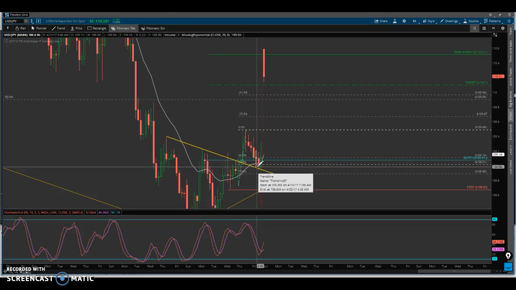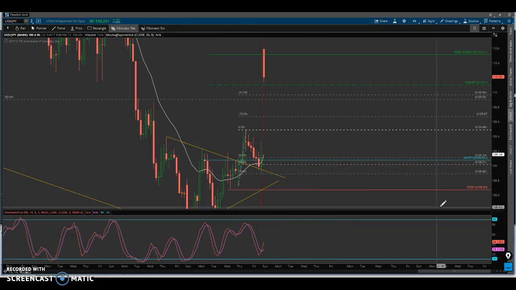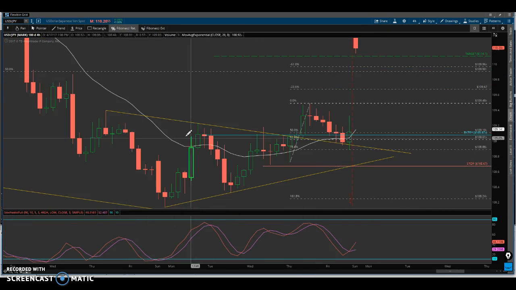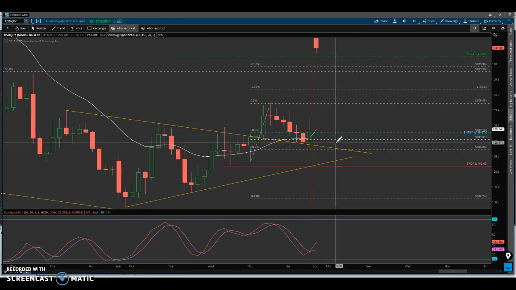I meant to enter at the trend line, but it had a pretty strong pop up, so I just entered at market. It started rejecting higher off of this trend line and this little breakout consolidation point here. So I entered at market.